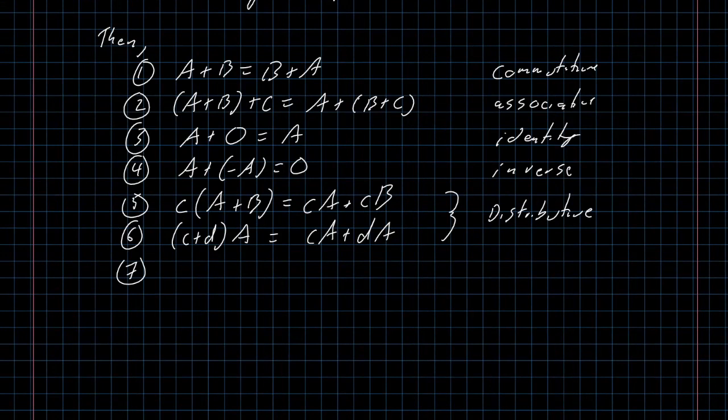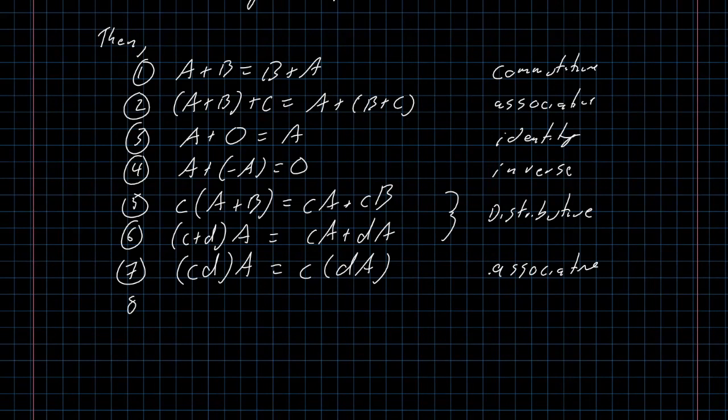Then we've got that rearranging between scalar multiplication and multiplication of a scalar, which is a kind of associative property, will work.